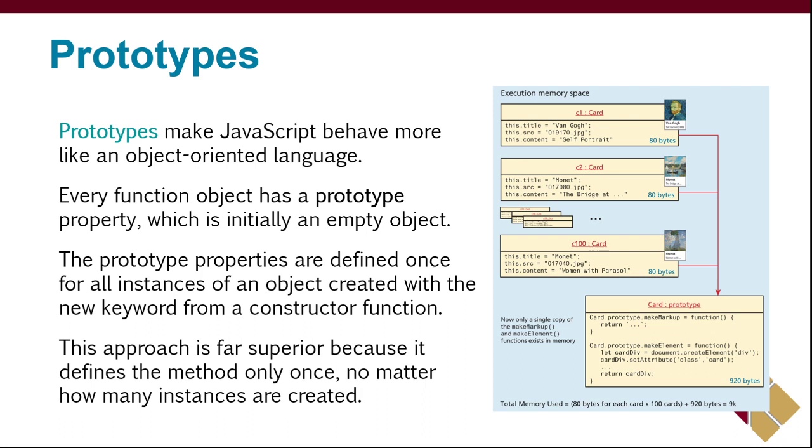Well, with a prototype, you have your items. So in the example here, they're 80 bytes each. So you have 80 times 100, which is 8,000. And then you have your one instance of the prototype, which is 920.